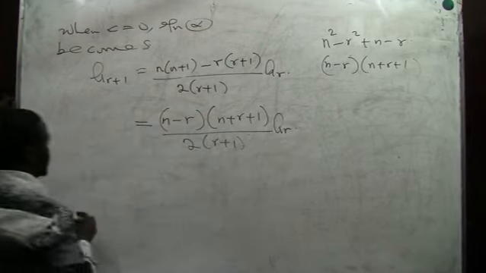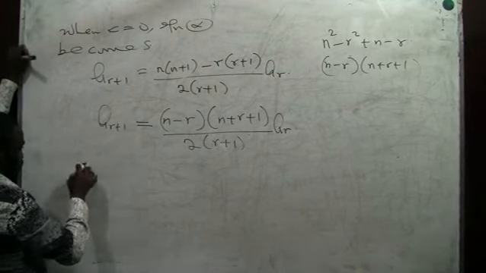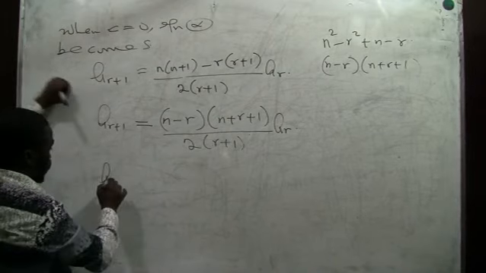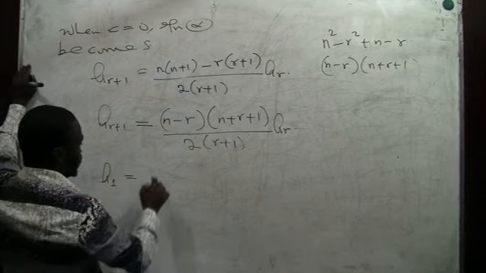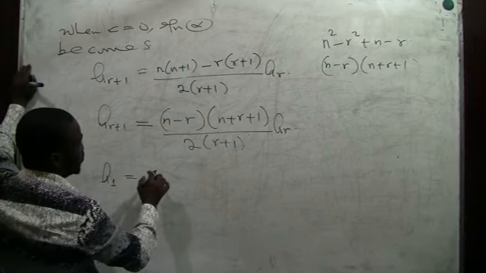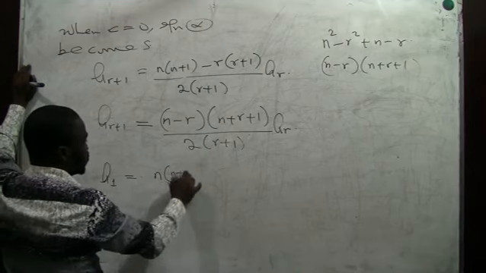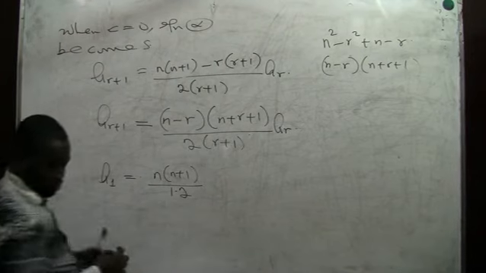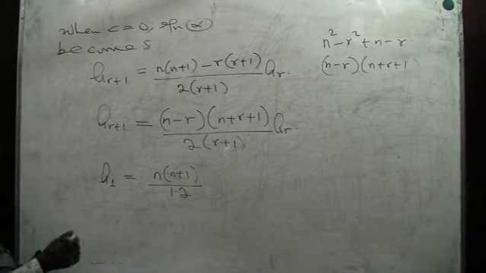So let us start substituting for r. So we have A1 when r equals 0 to become n into n plus 1 divided by 1 times 2 A0.